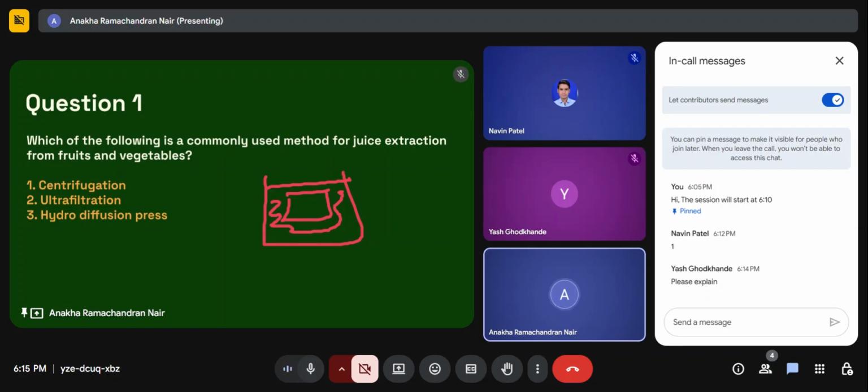So the third one works for the cases where most of the molecules that you require are water soluble. In that way, you don't even have to filter it, because only things that are soluble will go into the solution, that is the water, and all the other solids will remain, and you can just remove them. Is that clear?